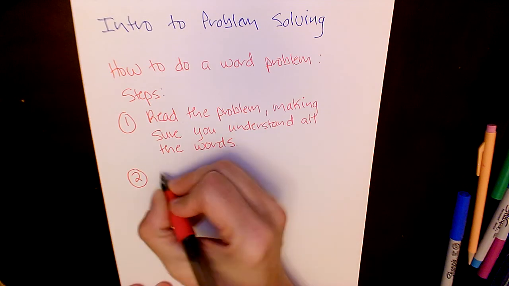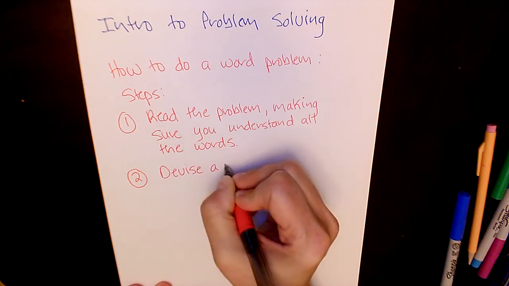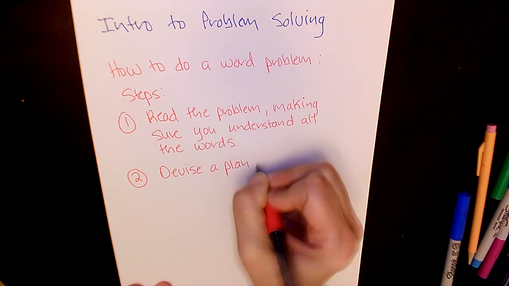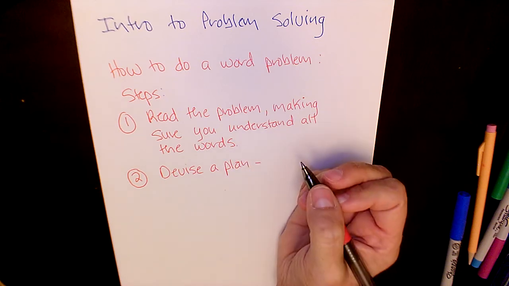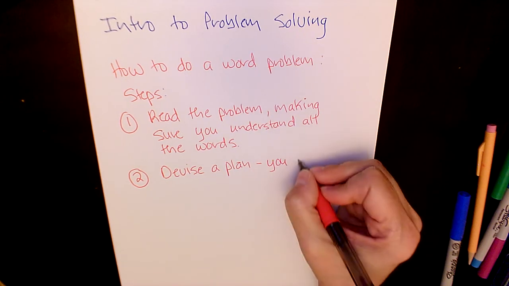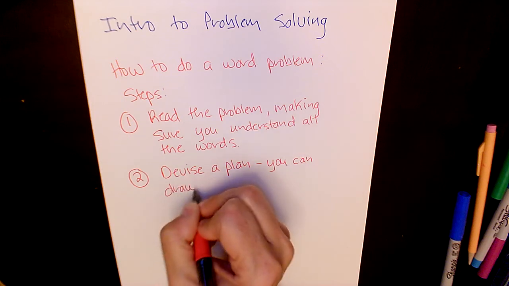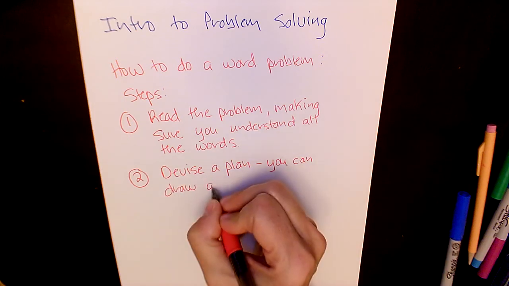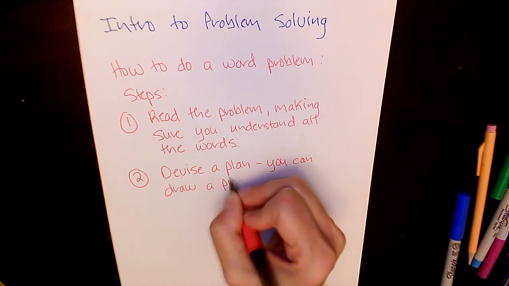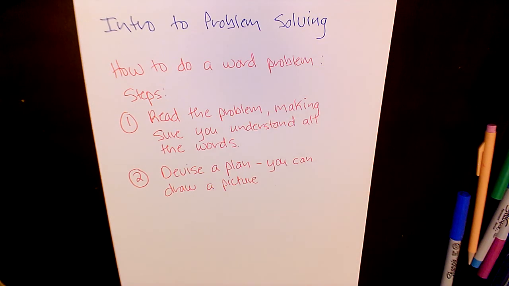Number two, come up with a plan, or devise a plan. Sometimes drawing a picture helps. I know it helps me. If we're talking about a triangle, you might want to draw a triangle and label everything. I know that helps me a lot.